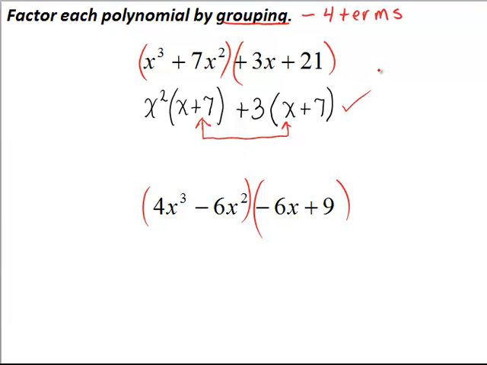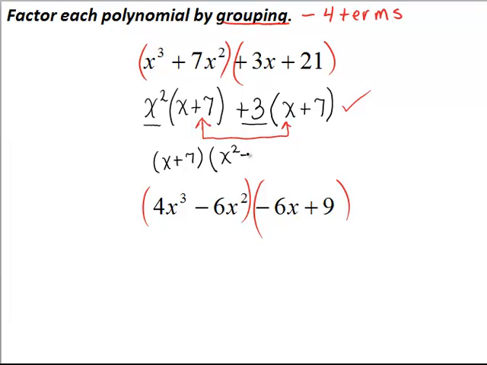Now that we've set this up, it's very simple to see how to factor this. We know that x plus 7 and x plus 7 are the 2 things that the groups have in common. So I have my x plus 7 right here. The things being multiplied by them are this x squared and the plus 3, so I'm going to bring that together in its own little group.